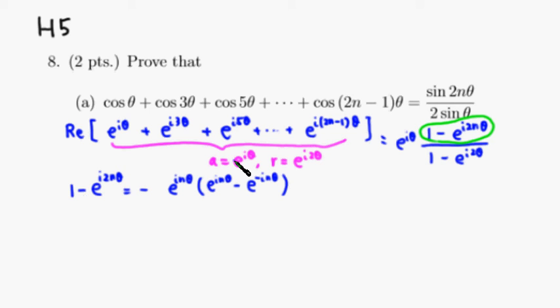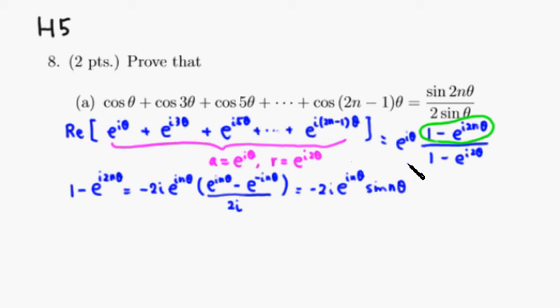Then to create a sine expression, you can divide this through by 2i, then multiply by 2i so that we don't change its quantity. You can see that this is going to be a sine of n theta. So this is equal to negative 2i e to the i n theta sine of n theta.